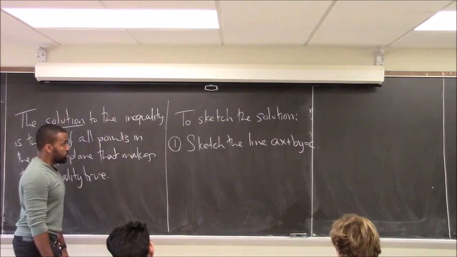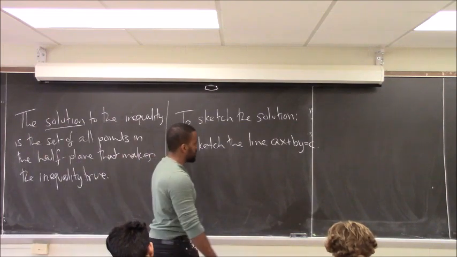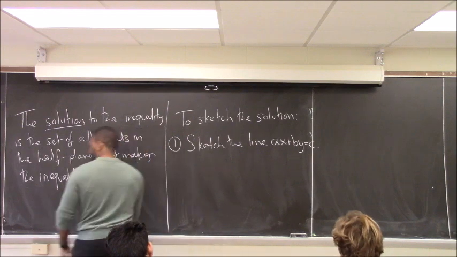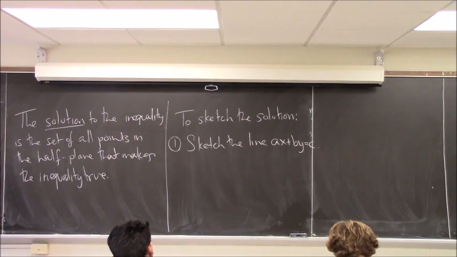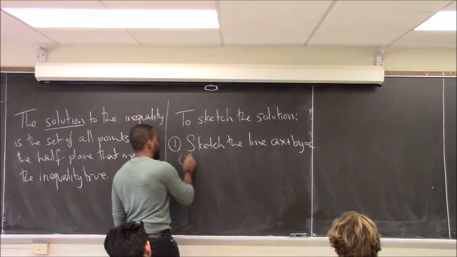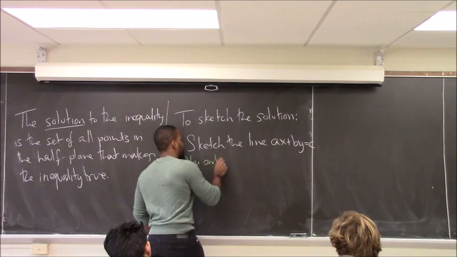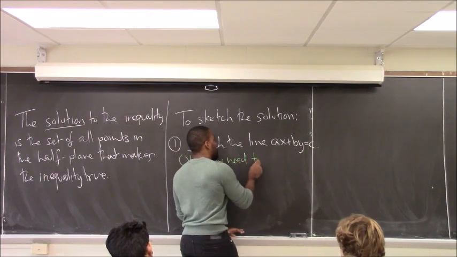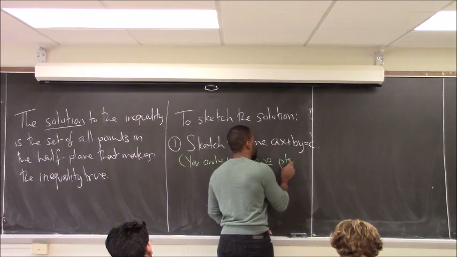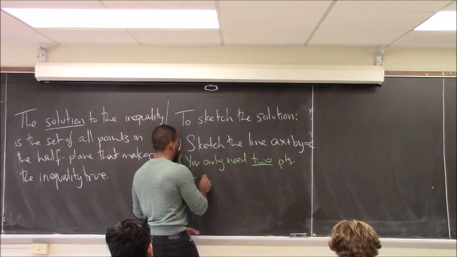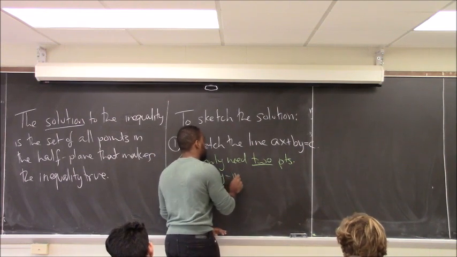Usually the easiest way to do this is going to be to sketch the intercepts. You only need 2 points for a line. I should probably mention that. I don't want you to waste your time plotting like 7 points or something. You only need 2 points. The x and y intercepts are usually the nicest points.